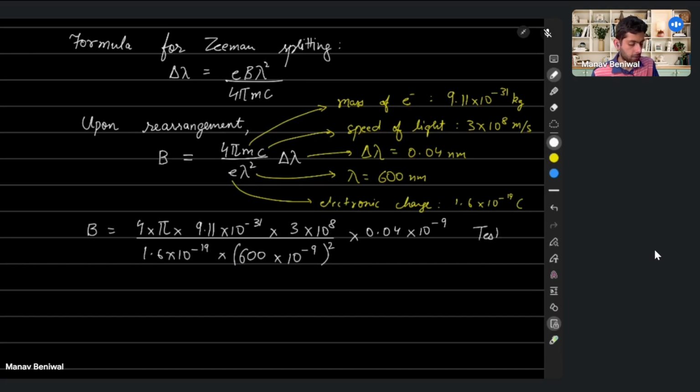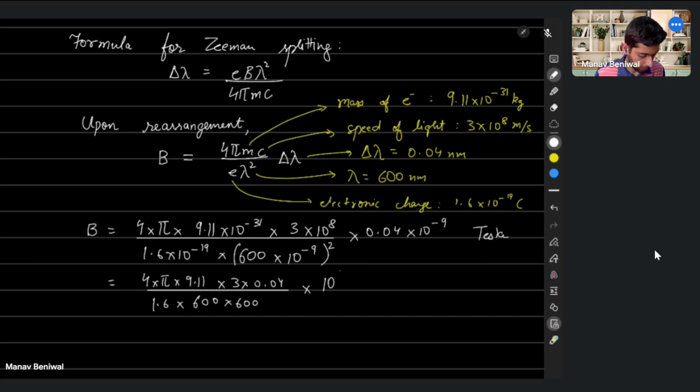This will come out in Tesla. So if we calculate, we will get 4 into pi into 9.11 into 3 into 0.04 divided by 1.6 into 600 into 600 and into 10 to the power, so here you have minus 31 plus 8 minus 9 plus 19 and then again plus 18.